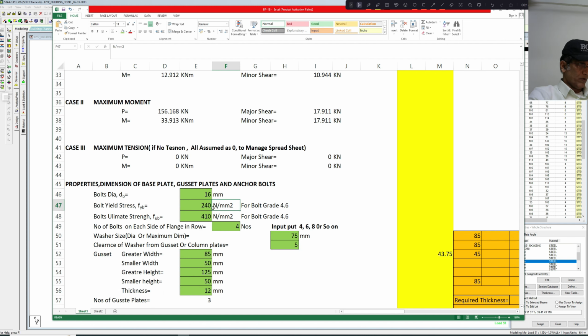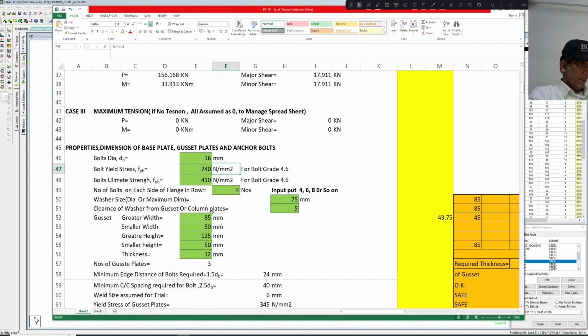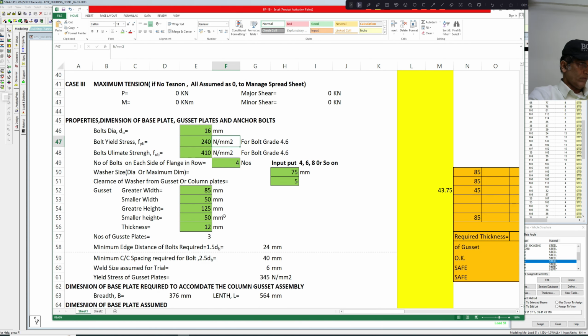Bolt distance is 250 by 240. Washer dimensions you will get from any general textbook showing the details of washer, nut and bolt sizes. It could also be available from the net.